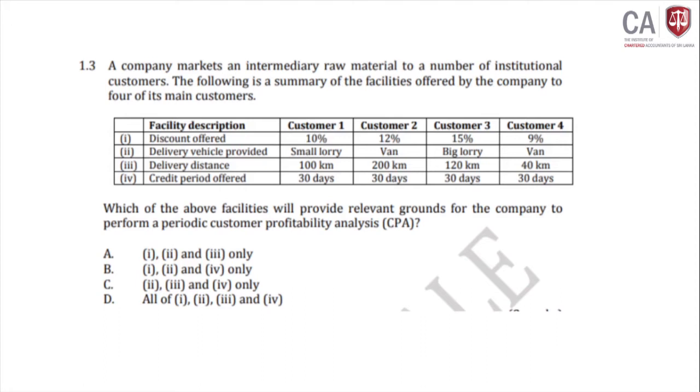If you have something common, the same for all four customers, you don't need to take it into consideration. Therefore, you can look at 1, 2 and 3 because those differ from customer to customer. Therefore, 1, 2 and 3 would be the answer. Answer A is the choice.